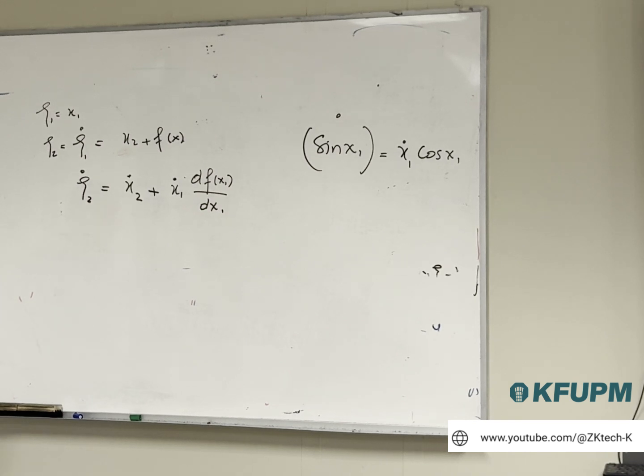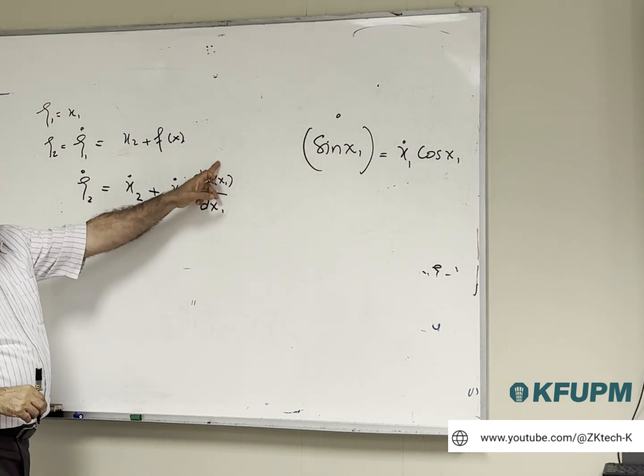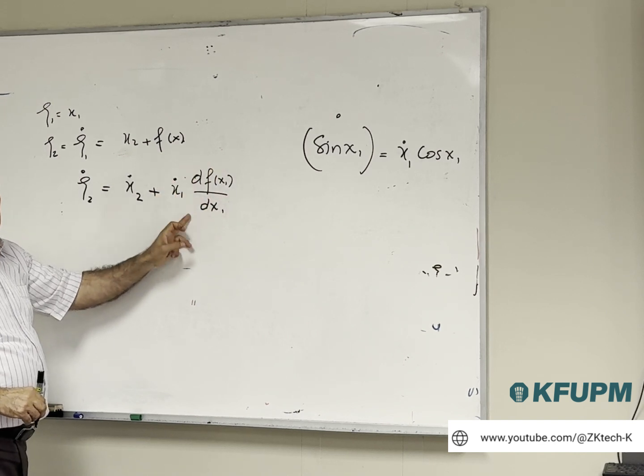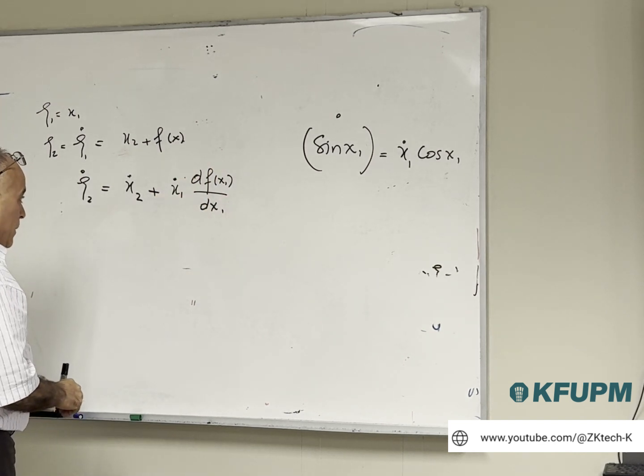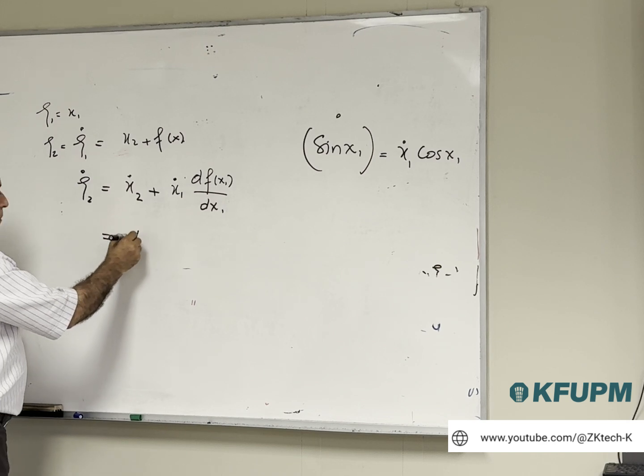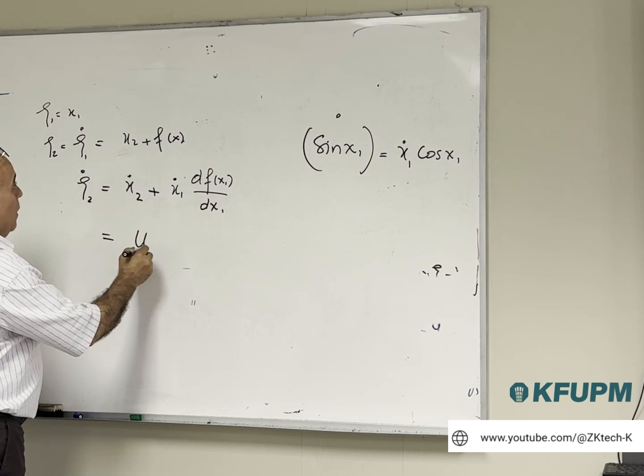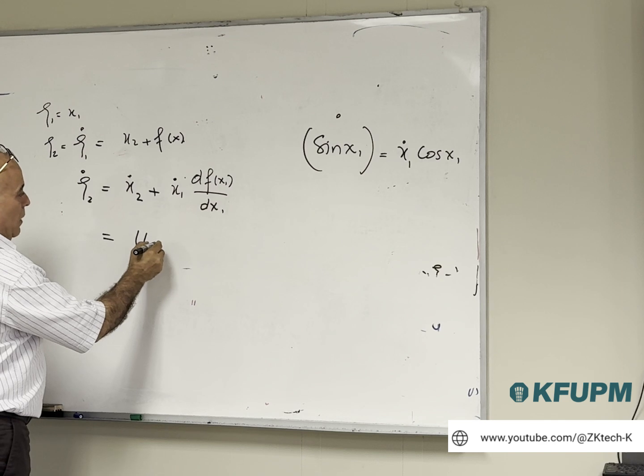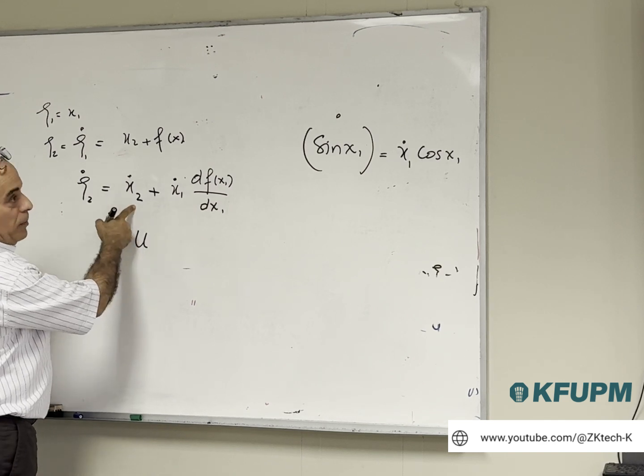So on the slide there is a dot here, but there is a dash here, showing that there is a derivative of f with respect to x1. So if I replace this by u, this will be equal to what? X2 prime is equal to u, we said.